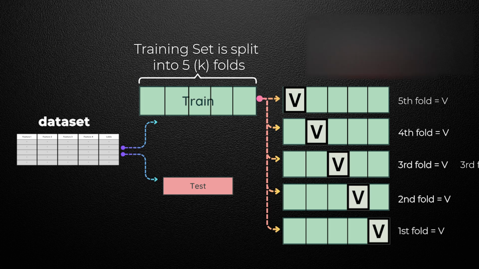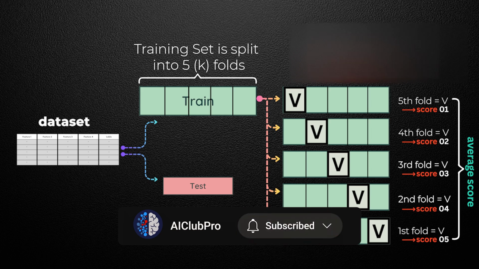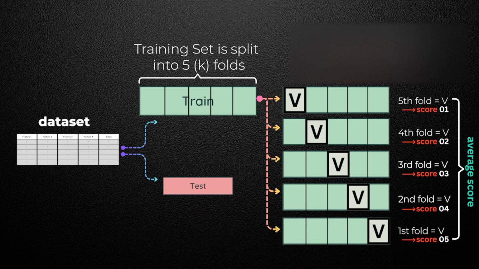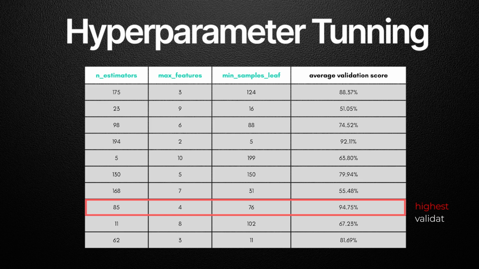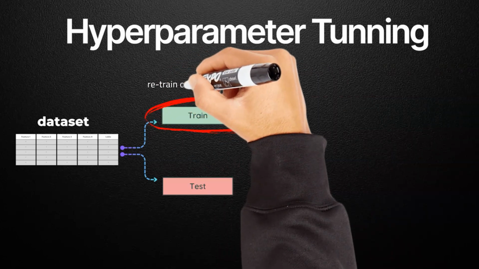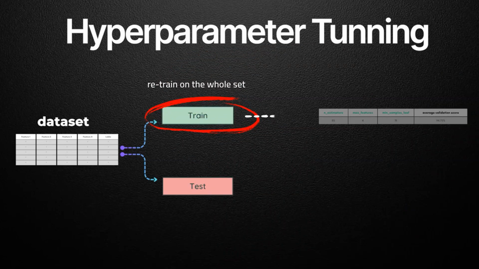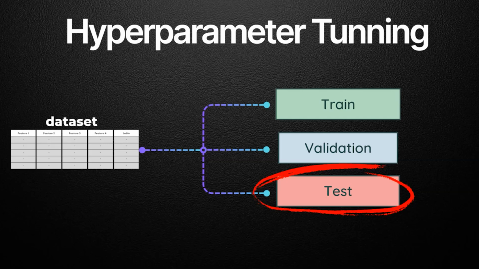You train on k-1 folds and score on the held-out fold. You repeat this k times and then average the metric. And in this case, you essentially pick the hyperparameters that have the best average cross-validation score. Then retrain on all the training data and evaluate just once on the test set. This is the usual way.